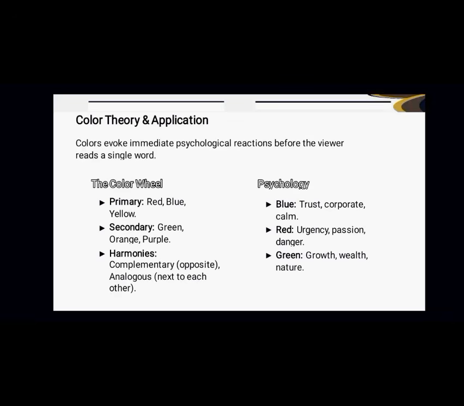And then we have green: growth, wealth, and nature. Let me give you an instance: an agriculture company can never work with a yellow brand identity, for so many reasons.